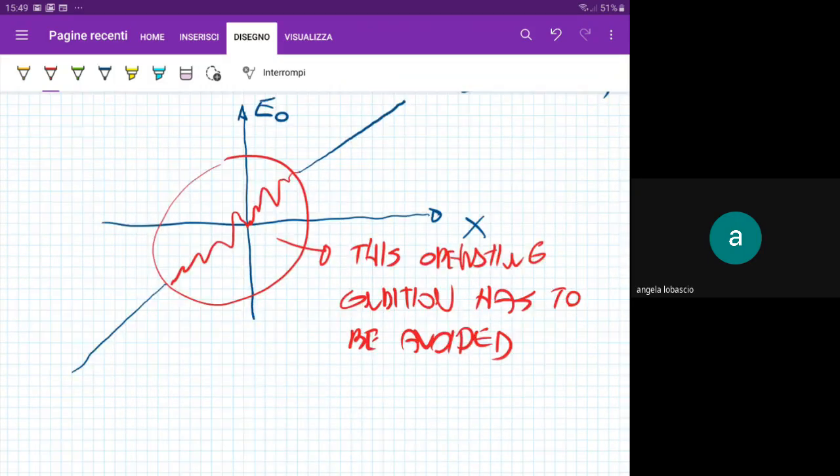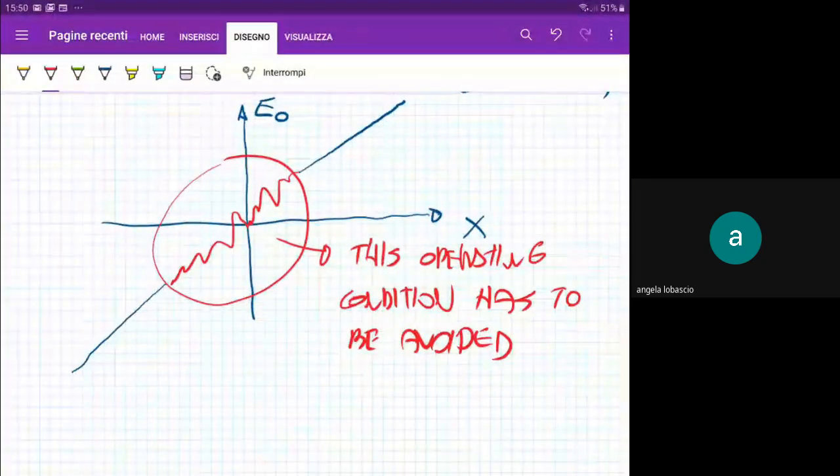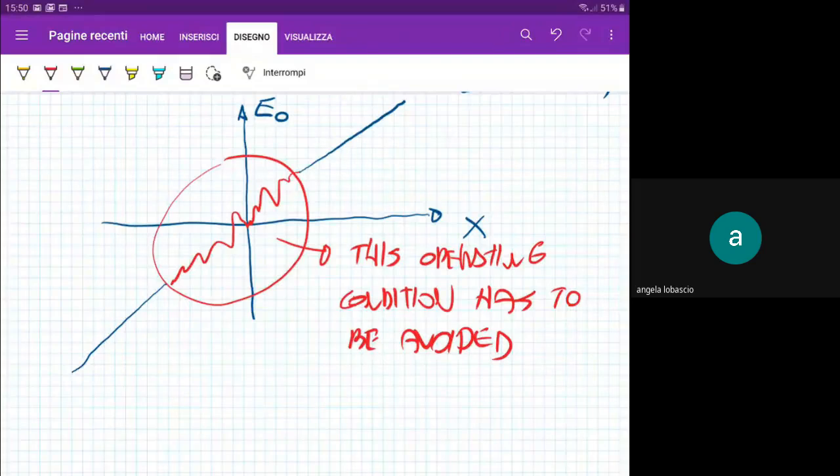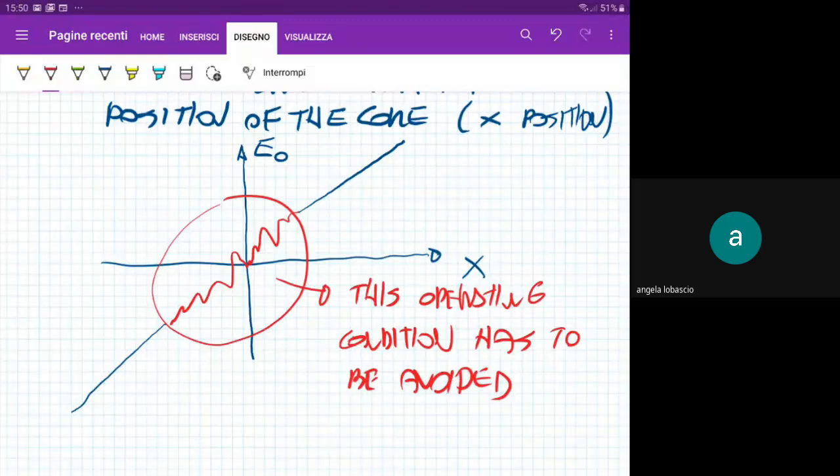This operating condition has to be avoided. It could be millimeters, it could be centimeters, depending on the size. Why do we want to have iron? That's the point.